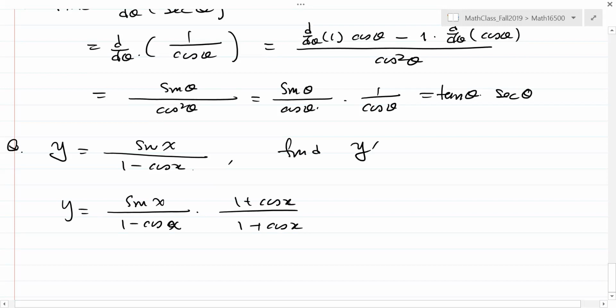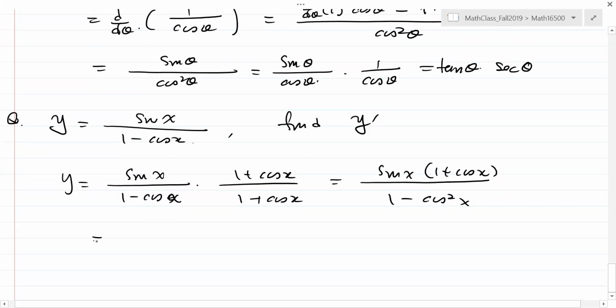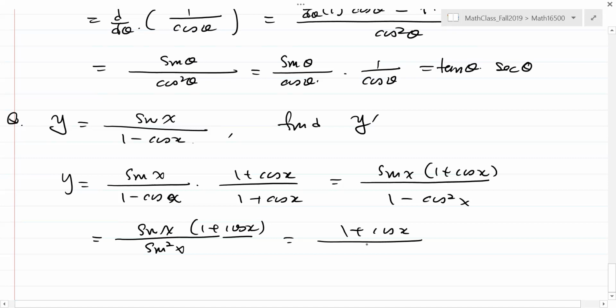What is the purpose of doing that? Because I want to get 1 minus cosine squared x, and the denominator will be just sine squared x. After you simplify it, you get another form. It's interesting. Sine x over 1 minus cosine x equals 1 plus cosine x divided by sine x. Just turn upside down.